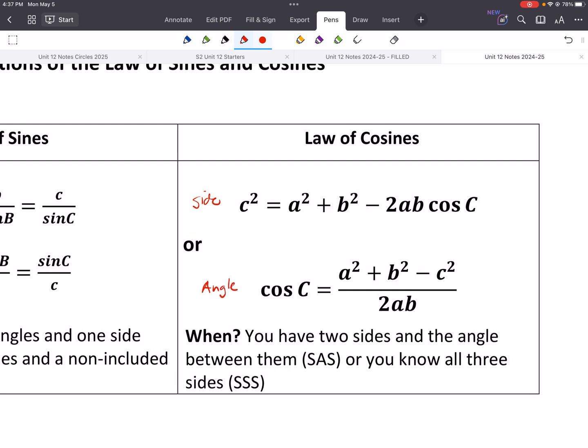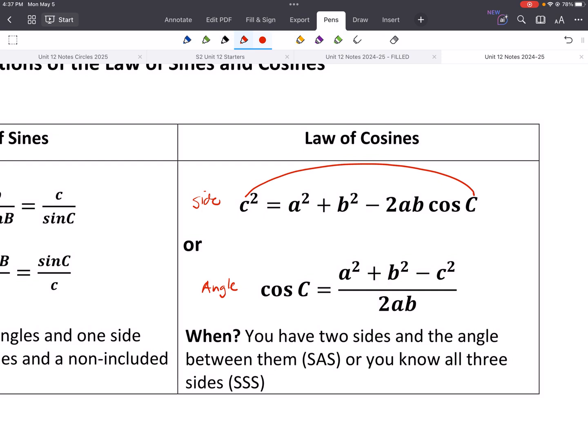Just a reminder that when we're using angle C, we have to use the side that's opposite. And then a and b are the sides that are next to, or adjacent to, that angle C. So a and b are the sides that include C, right? It's inside those two sides.